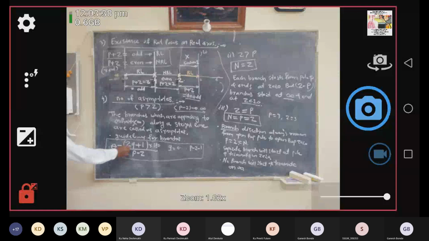That angle is nothing but the asymptote angle. So this is your step number 4, number of asymptotes and their angle. Okay, please note down this.